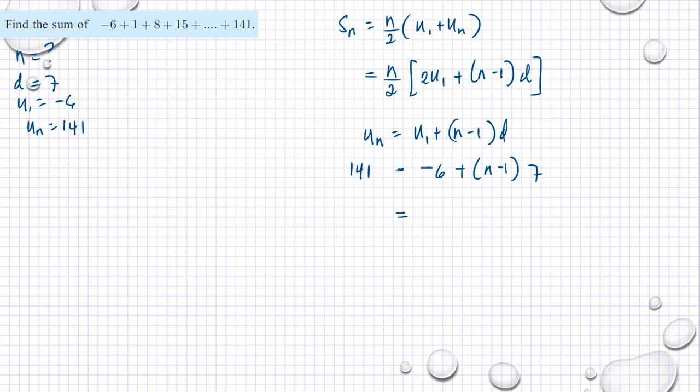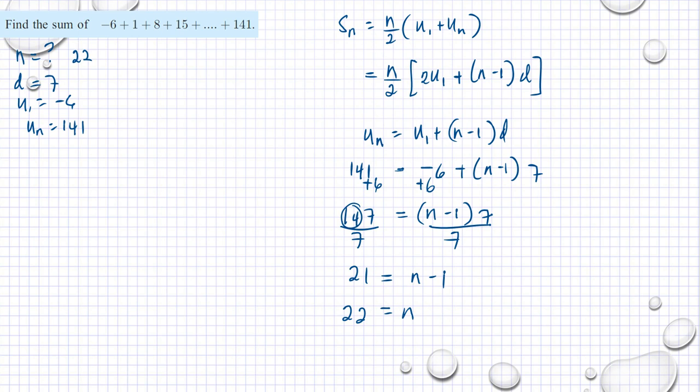Then we have plus 6 there, plus 6. We have 147, and then n minus 1 times 7. We divide both sides of the equation by 7. Then we have 21 equals n minus 1. So our n is 22.